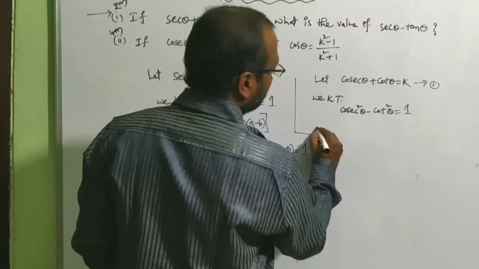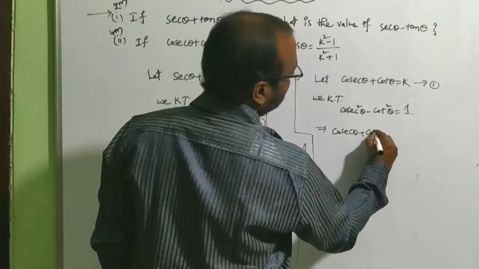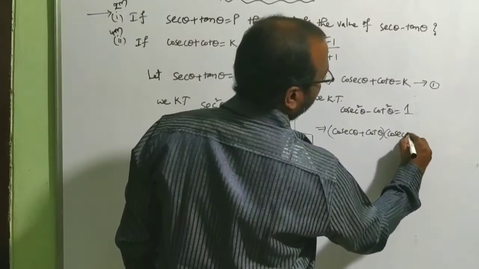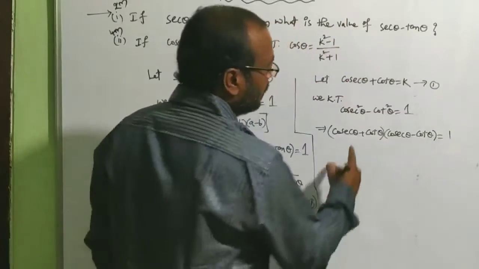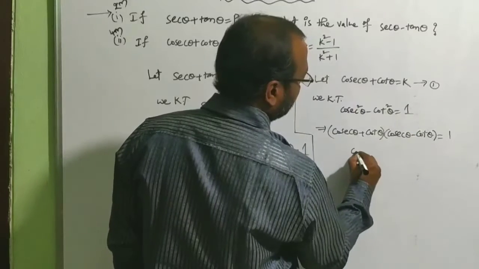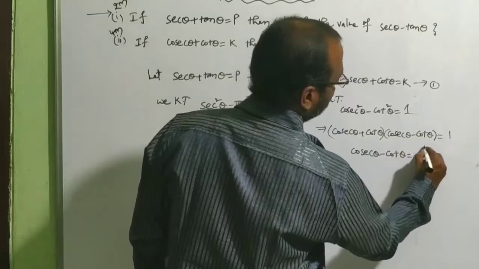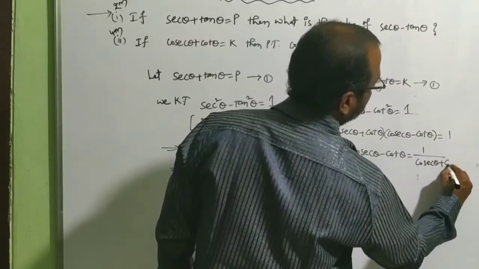Again, a square minus b square form, a plus b into a minus b. Cosec theta plus cot theta into cosec theta minus cot theta is equal to 1. Already this value is given, we will calculate this one. Cosec theta minus cot theta is equal to 1 by cosec theta plus cot theta.